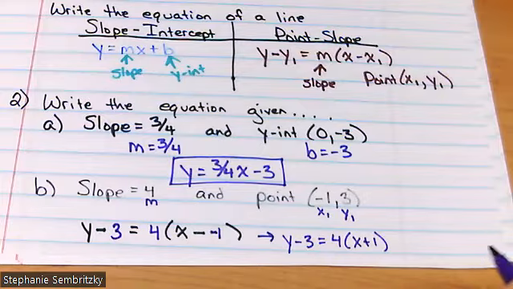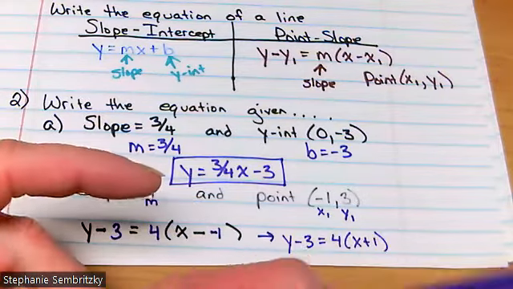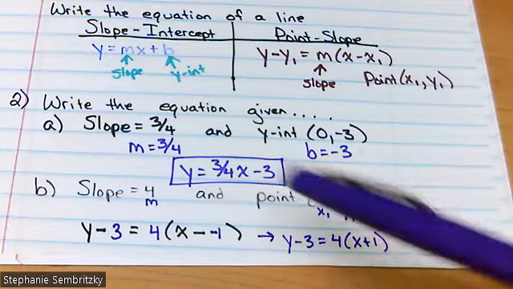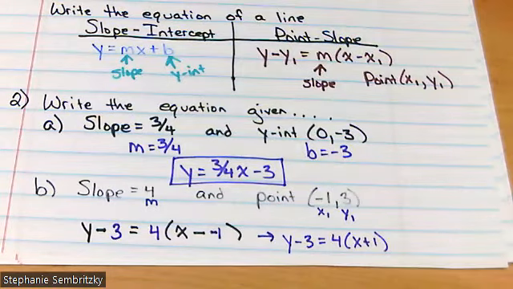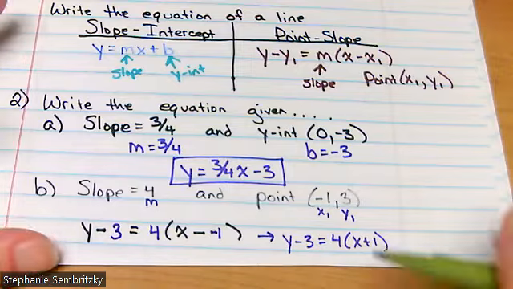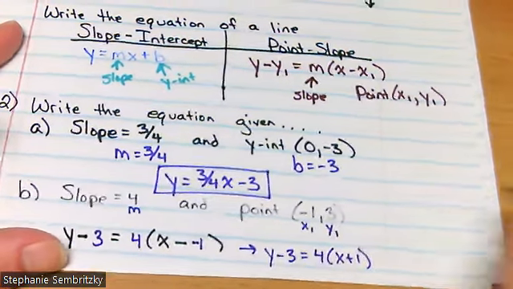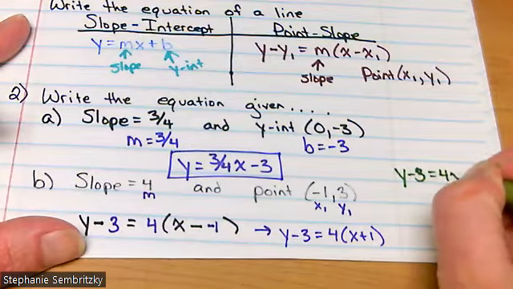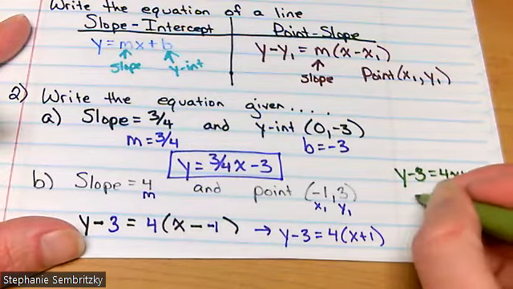I am fine with you leaving it there unless it says to solve for y or to write in slope-intercept form. If it did ask us to write in slope-intercept form, well, all you have to do is distribute and then add the 3 over.